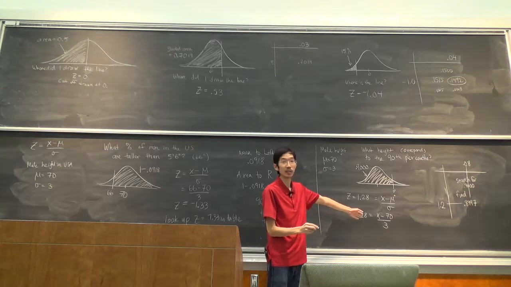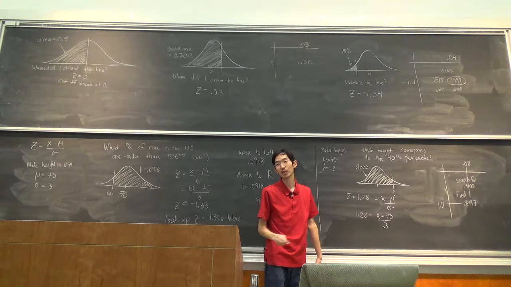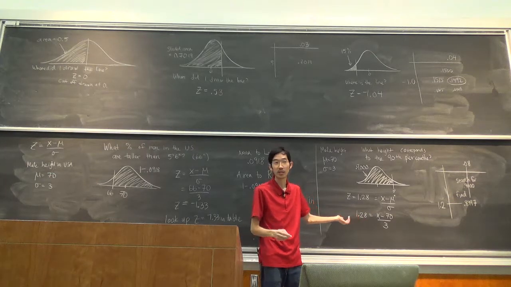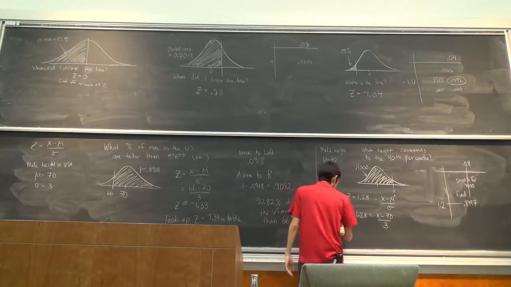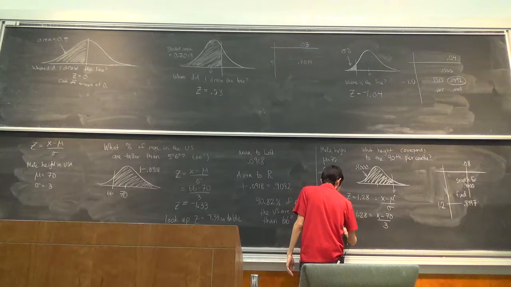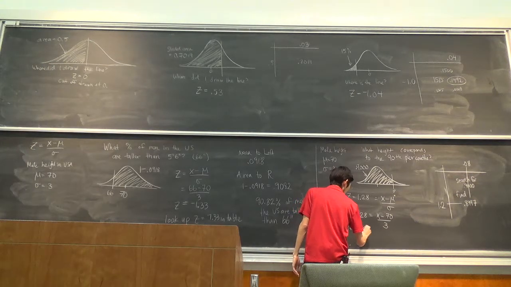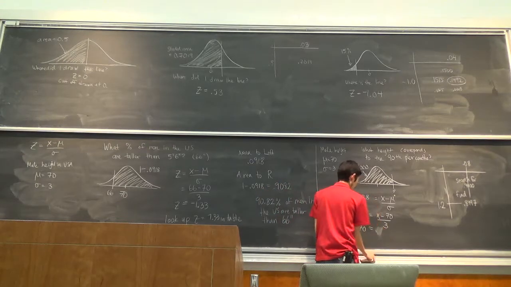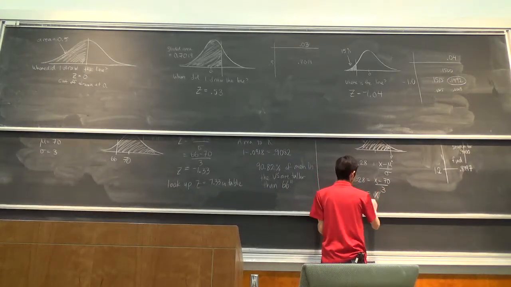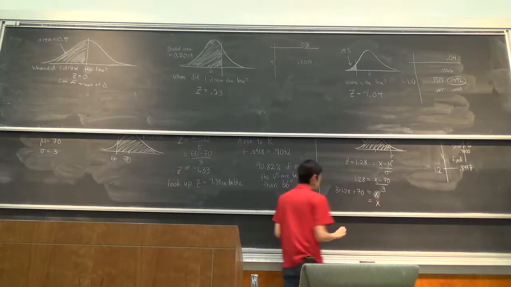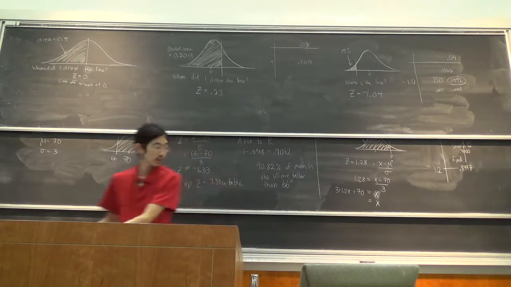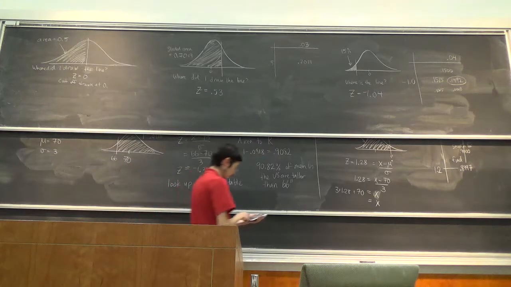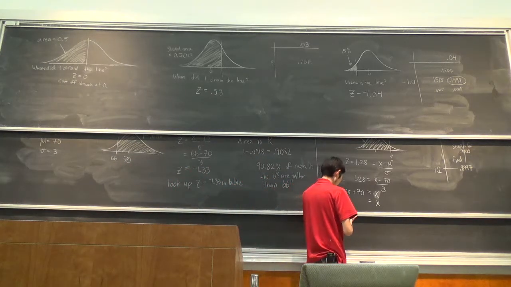Can I solve for x? Multiply both sides by 3, then add 70 to both sides. This is from algebra, you guys should know this. 3 times 1.28 plus 70 is equal to x. So x is equal to 73.84, I believe.